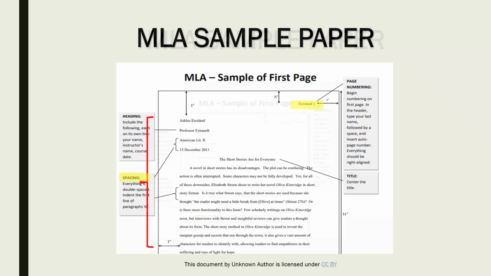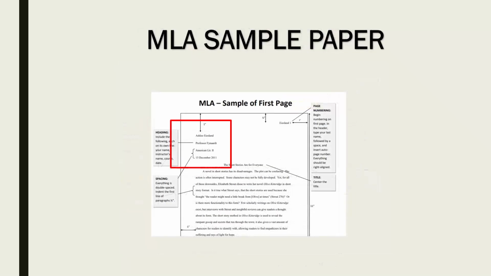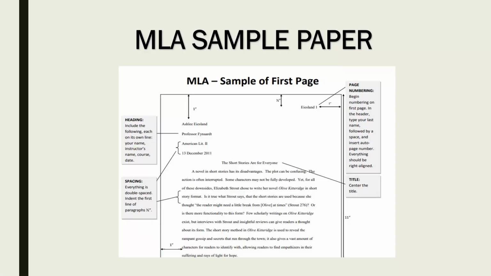Flush left, you see the heading for the paper. The paper includes your name, your professor's name, and your course name and number, and the date the assignment is due. And the title of the paper is centered, and it is placed below the heading of the paper.